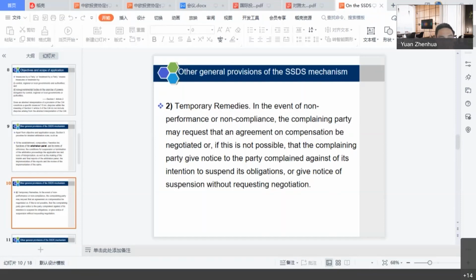Okay, so I mean, it's very interesting that the application of the state-state dispute settlement mechanism seems to be restricted.